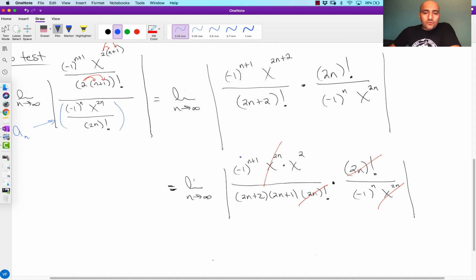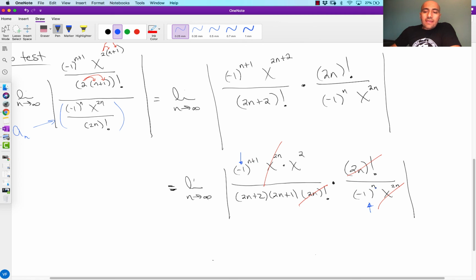Now these two, this one and this one, those are things that alternate, right? Depending on whether the exponent is even or odd, it might be negative 1, positive 1, negative 1, positive 1. Same thing over here, depending on whether n is even or odd. This whole term will be negative 1, positive 1, negative 1, positive 1. But notice that the exponents are off by exactly one value.